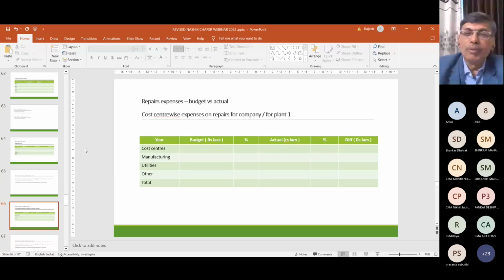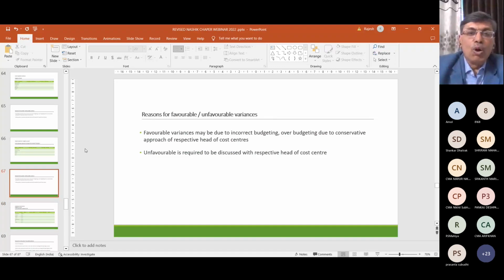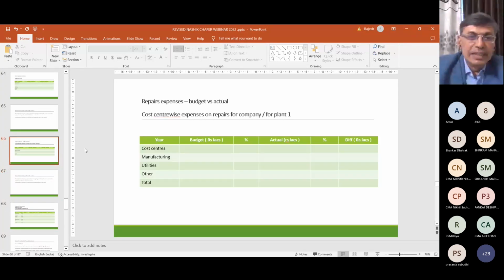Then actual value, and there is a difference. Here there should not be much difference between budget and actual unless there are some mistakes or negligence, or it has been taken as an ad hoc exercise.